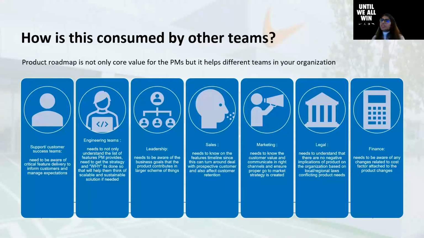And for leadership, when they look at this roadmap, they are expecting, on a strategic level, to know what this is going to help us achieve as a business strategy. In an organization, you have a very big strategy that splits across different business units.